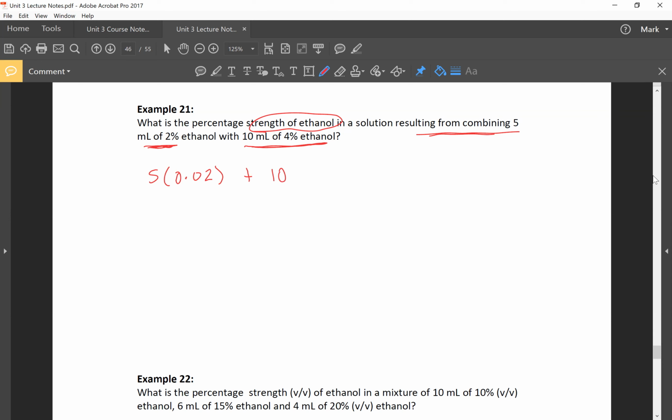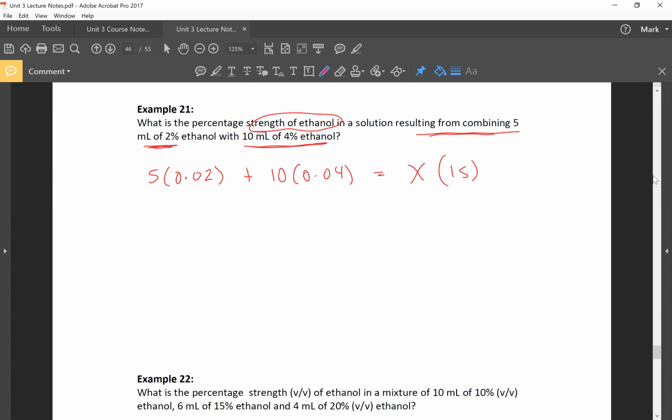I keep wanting to put the units in like I'm in chemistry. Now remember, we're combining 5 and 10, so we're going to make 15 milliliters of this solution.